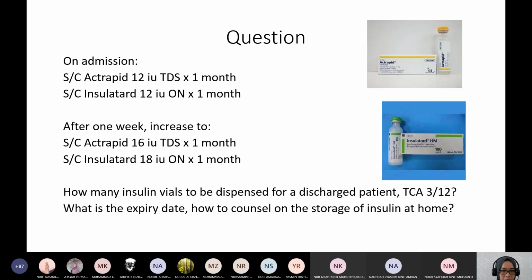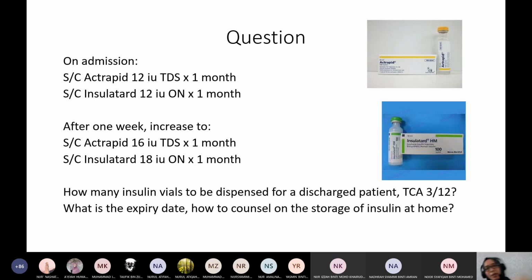For example, I haven't given you the example of insulin, I think. You receive for a discharge patient a TCA for 3 months: subcutaneous atropine 12 units TDS for 1 month on admission.